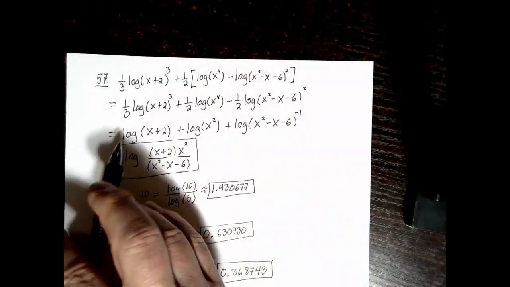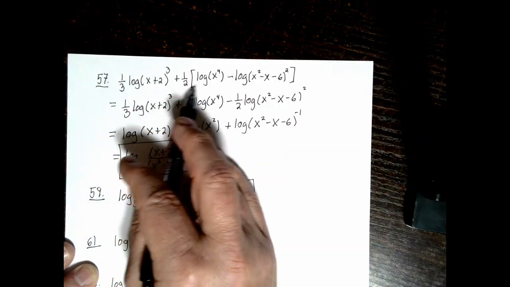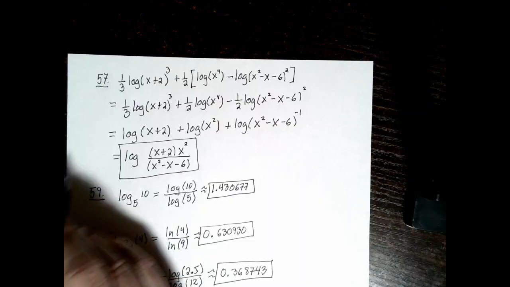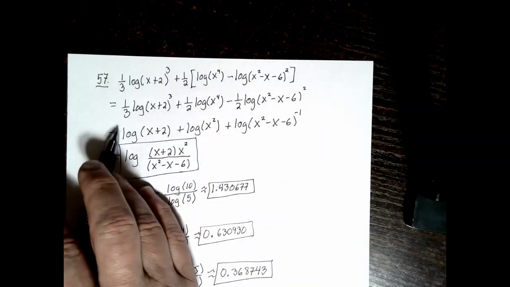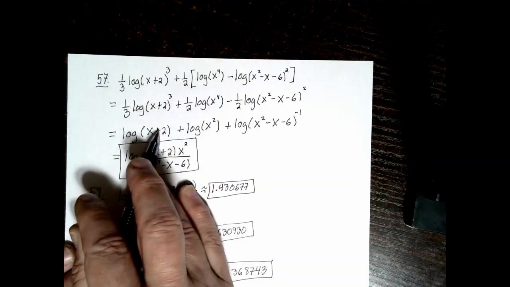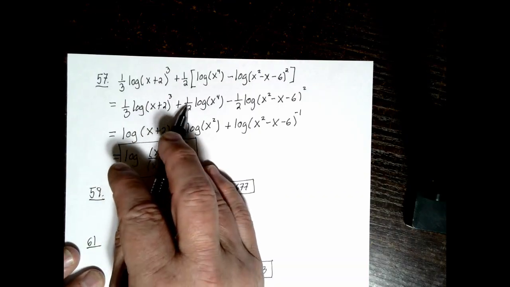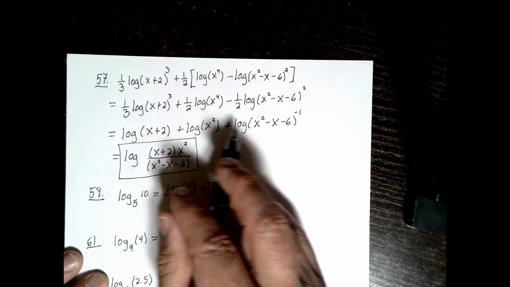With this one, you got 1/3 log of this plus 1/2 times that, 1/2 times that. You can bring each one of these numbers into the exponent, including the minus 1/2. Well, 3rd power times 1/3 power gives you just 1. 1/2 and 4th power, when you multiply 1/2 times 4, you get 2.